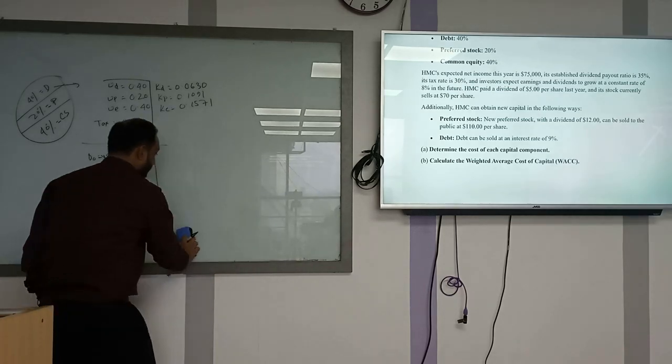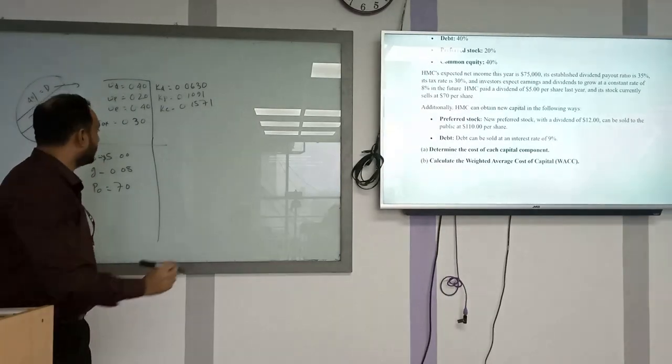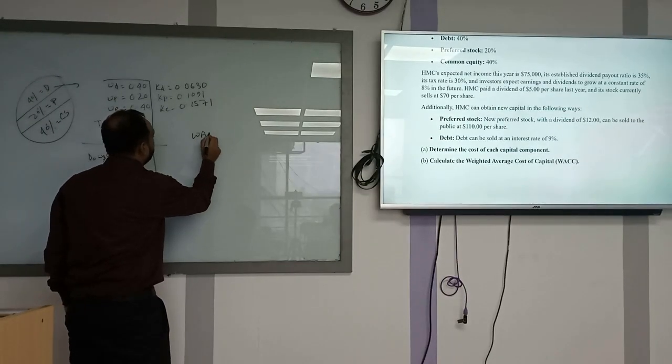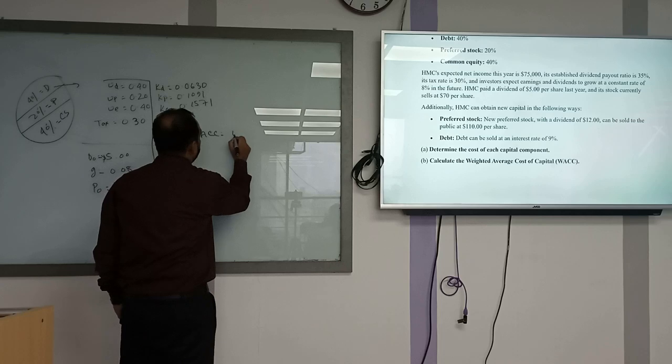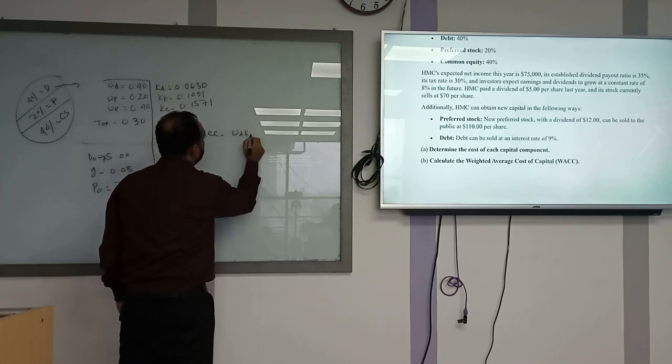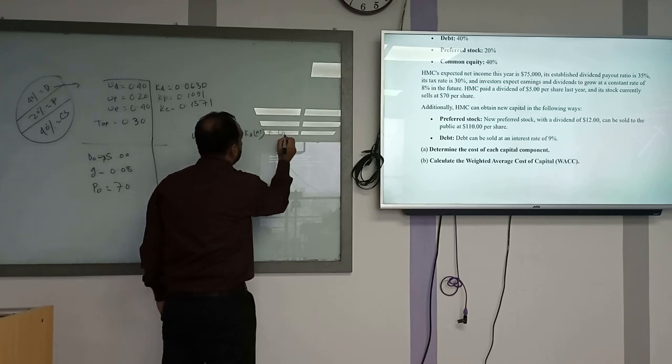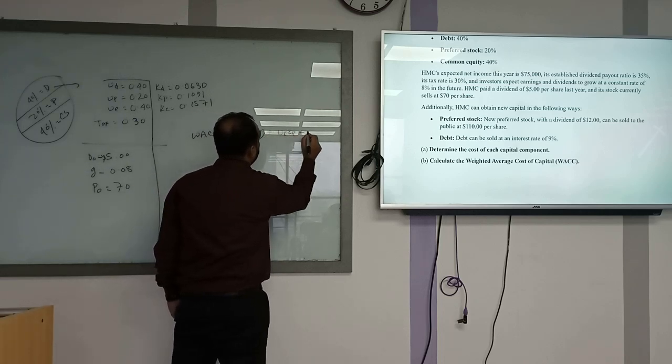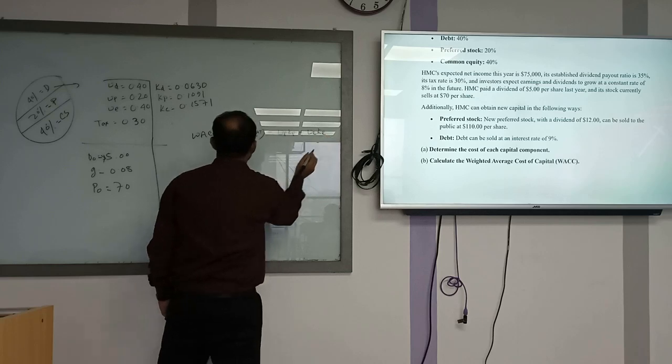So now we will go for the WACC. WACC is equal to weight of debt multiplied by KD. KD কোনটা হবে? After tax. Plus WP into KP. Plus WE into KE.